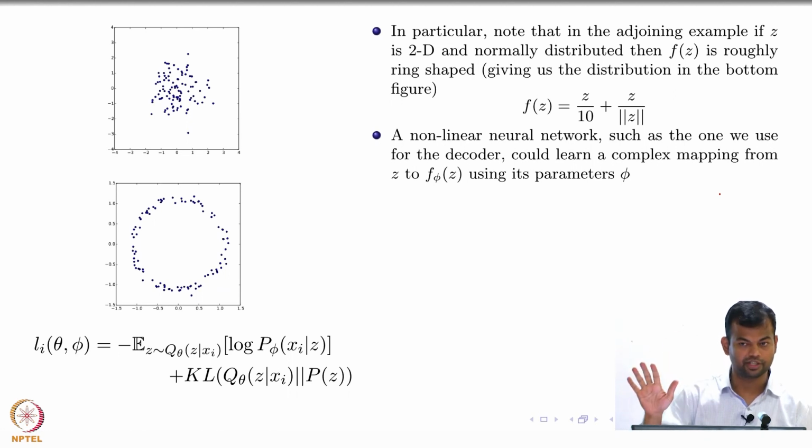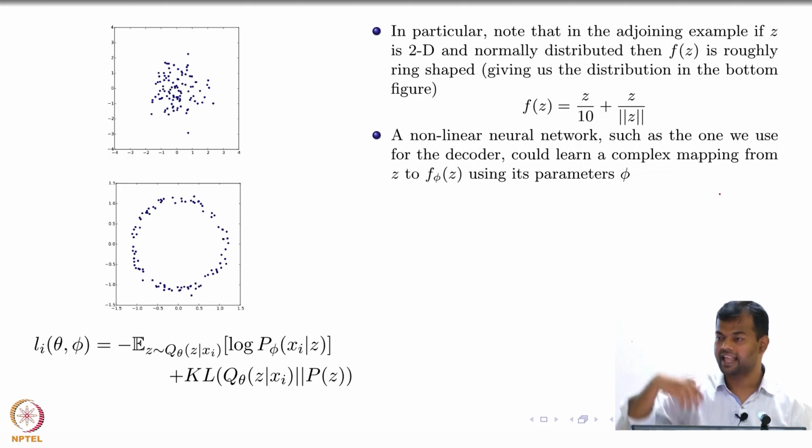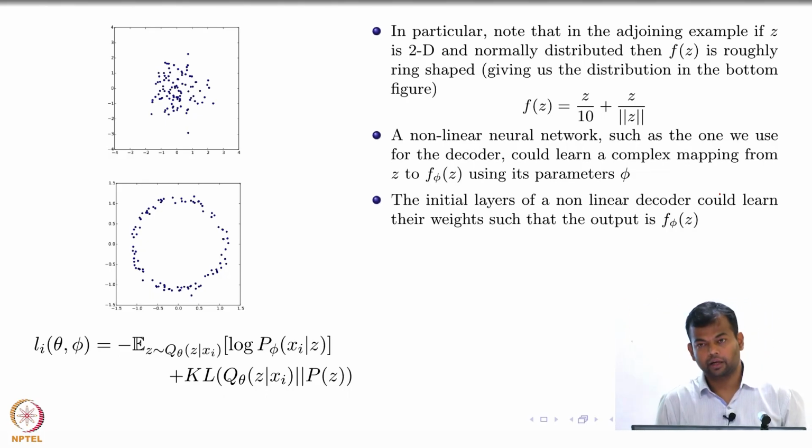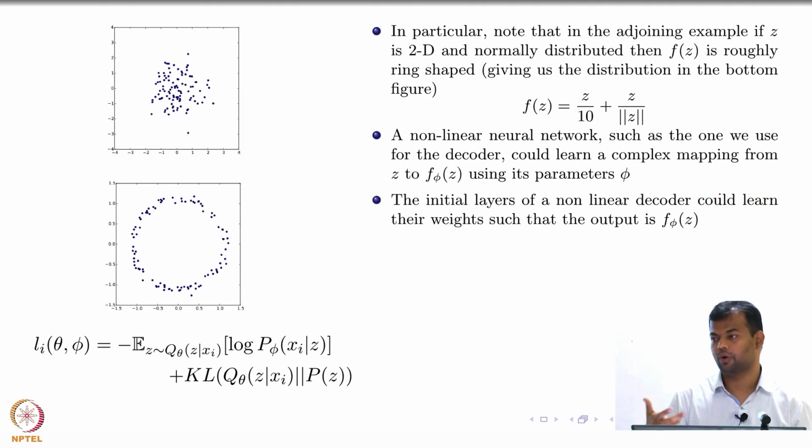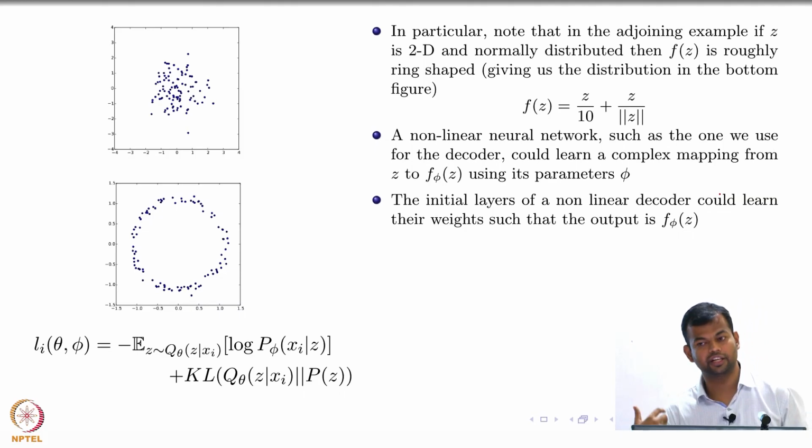Your input is z, which is normally distributed. The actual distribution that you care about is some complex function of this normal distribution. But your neural network, the initial layers, could learn this, and then finally when you get the p of x given z, it would have come from a z which was the actual latent distribution and not the initial normal distribution that you had started with. Does that make sense? Okay.